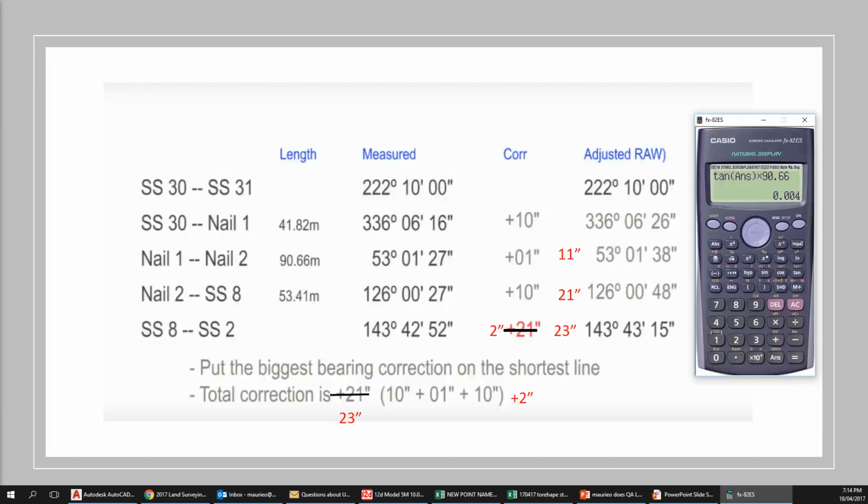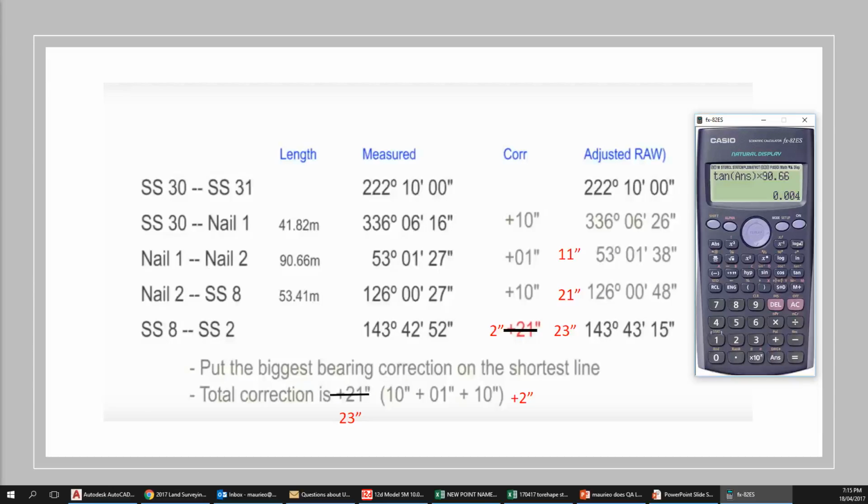It results in a 4 millimeter change in the 90.66, whereas it would only be 2 millimeters in the 41.82. So as a rule, we put a bigger bearing correction in the shortest line, or that's one method of doing it.